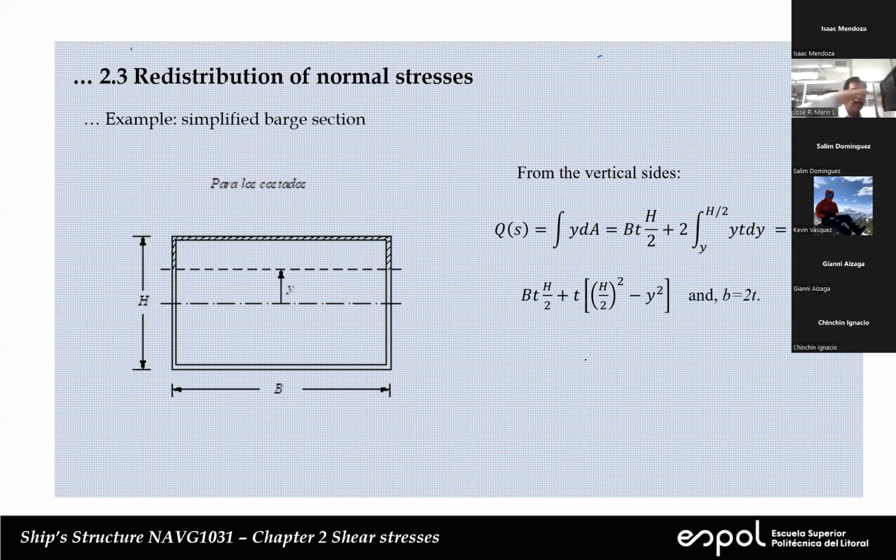Again, we make a cut and we integrate from there all the way up to the other side. Sorry, it's just up to here.